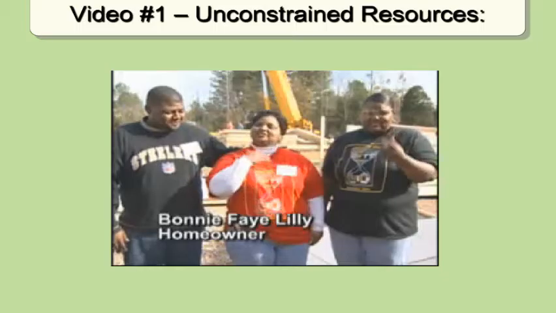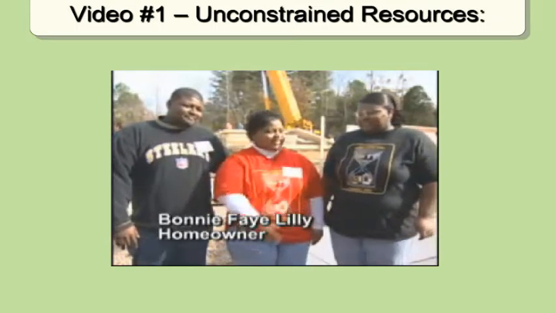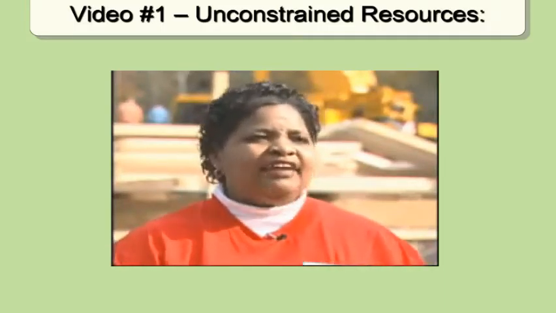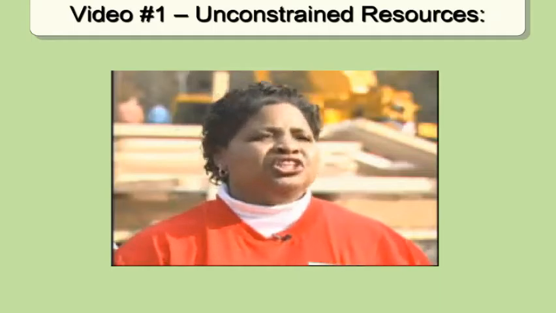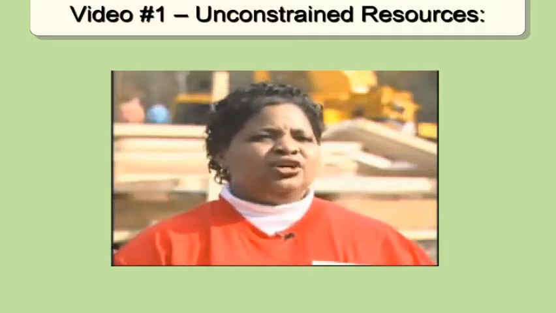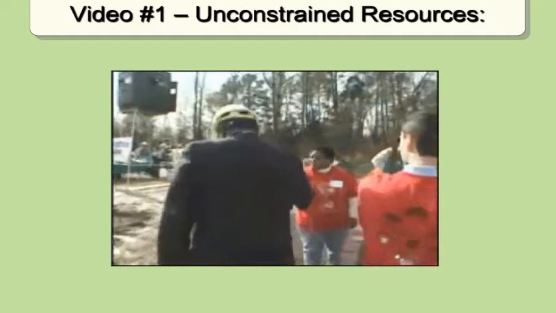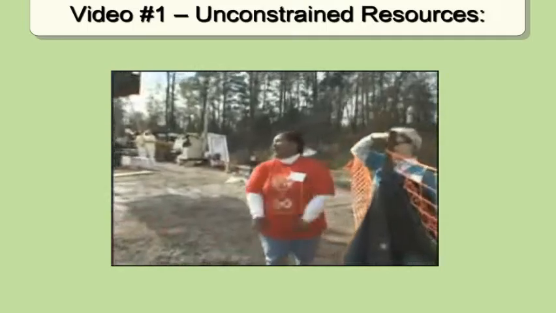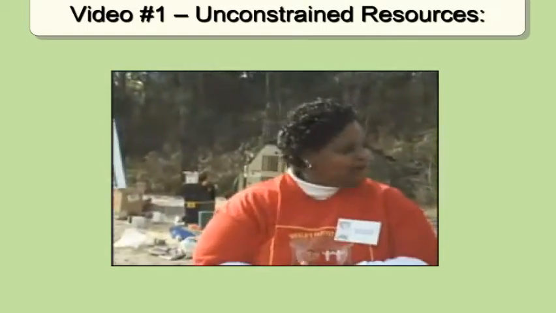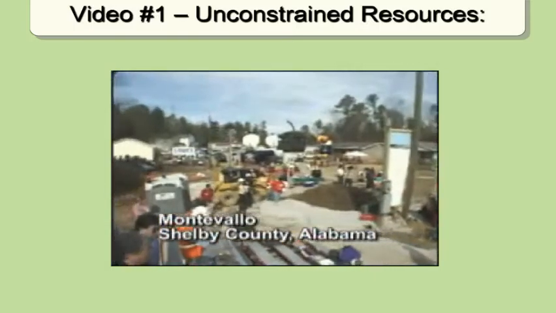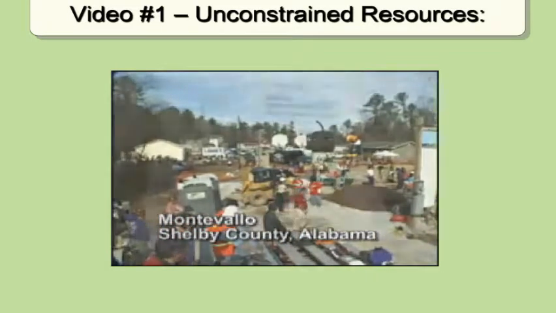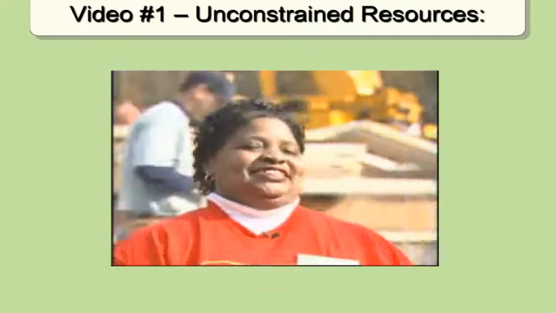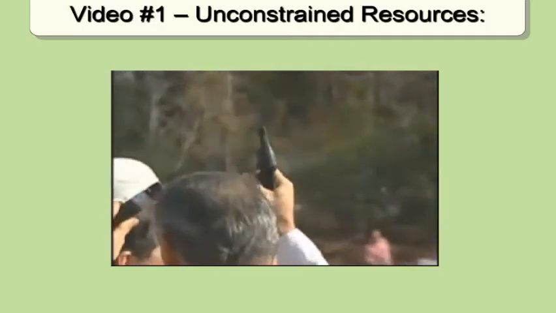My name is Bonnie. This is my son Jerome and my daughter Jackie. I was with my parents, and your life is different from their life, and you move on to different things, because of the space and the crowdedness and everything. When I started working with Habitat, I enjoyed the project so much, and I thought, well, I'll just keep working and it just paid off tremendously. It's just a blessing to be able to be a part of something as big as this. I didn't think it was going to be this big. 3 hours and 30 minutes. Who knew? Ready. Go!